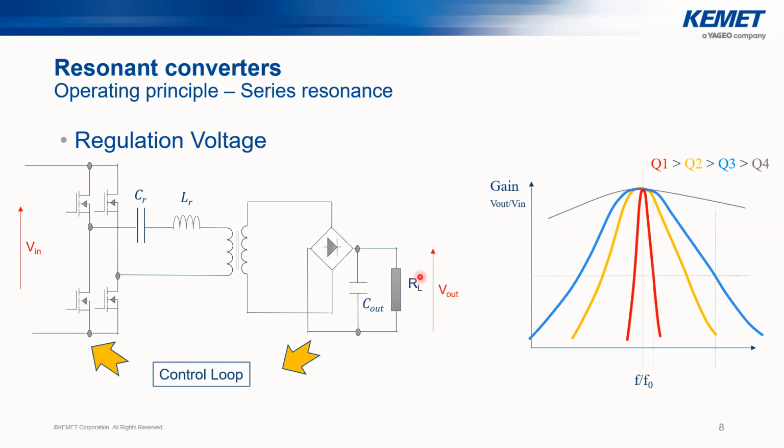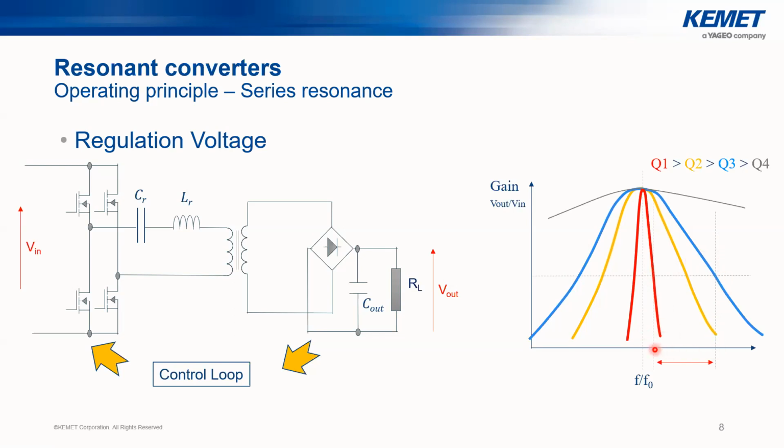If now the load is changing, this means we have different Q values. Let's take the example of moving from Q3 to Q1 with a stable V input. To keep the same gain, for example 0.5, in moving from Q3 to Q1 we need to change the operating frequency from this frequency to this one.